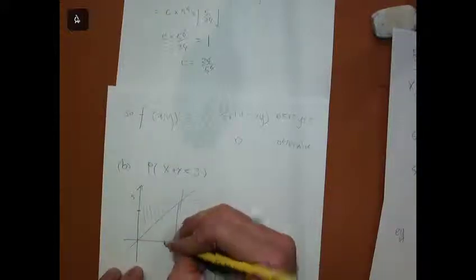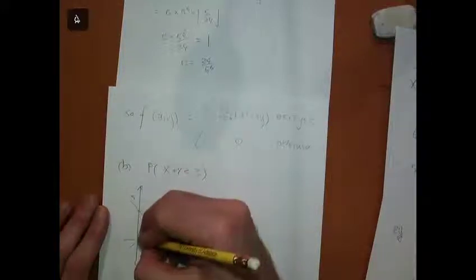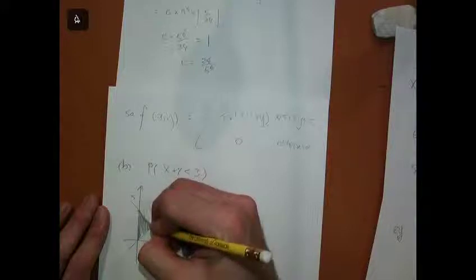When x is 0, y is 3. When y is 0, x is 3. And that would be like this. That's where x plus y equals 3. And let's just check a point: 0, 0 is not on that line, and 0 plus 0 is less than 3, so that's correct. So it's actually this bit below the line that I want. Which is there.